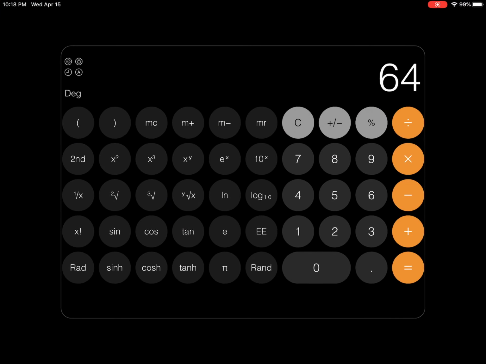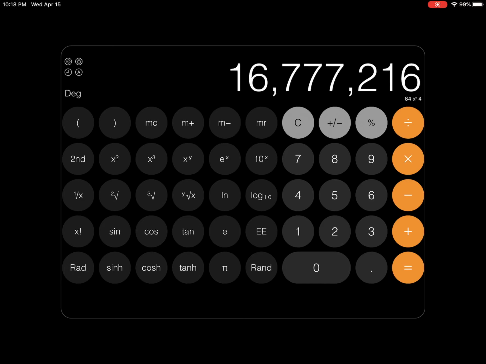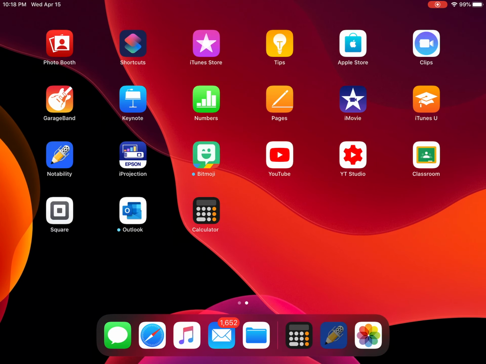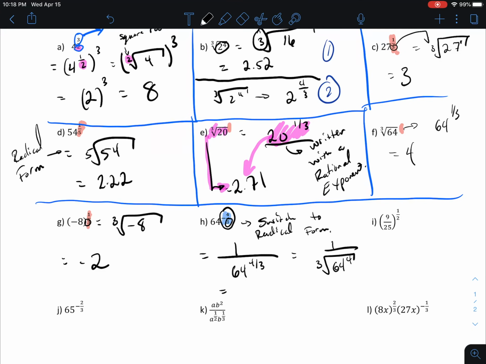So basically what you're going to do is 64 to the power of 4, right? 64 x^y 4. So it's 64 times 64 times 64. And then you're going to take that number and you're going to cube root it. So your answer is 1 over, right?